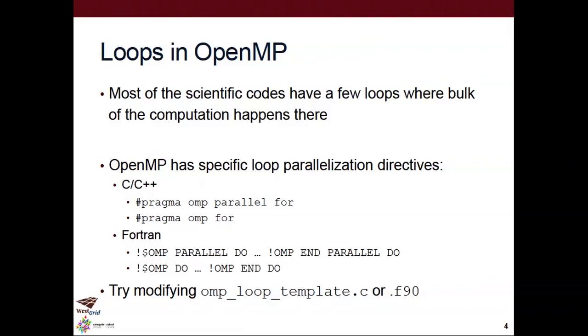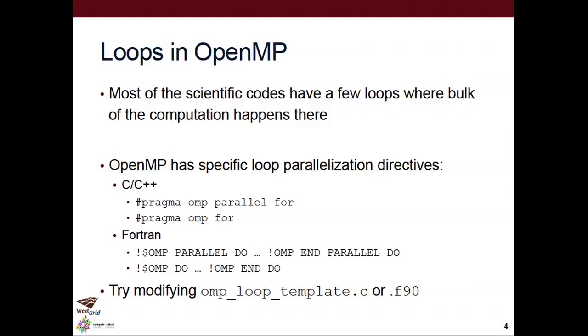In C and C++, each block of OpenMP starts with an open curly brace and closes with a close curly brace. But in Fortran, we have to have this OMP END each time that you want to close the section. So you have OMP PARALLEL DO, OMP END PARALLEL DO, OMP DO, OMP END DO, and so on. They have to match.